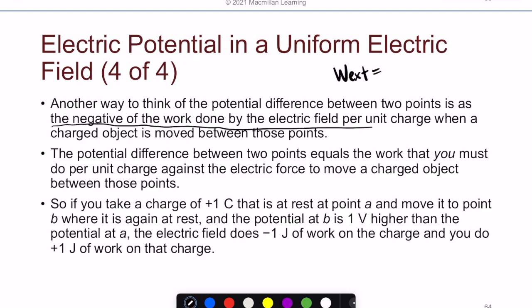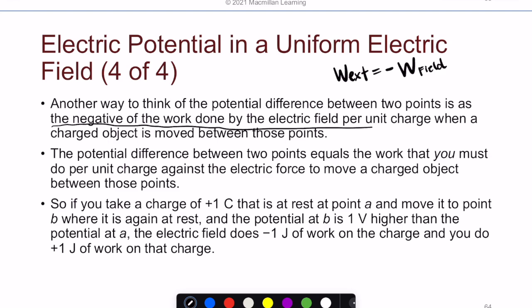And we know that external work is equal to negative of the work done by the electric field. Okay, so this is the same way of thinking about it as we talked about in the first lecture slide where we introduced electric potential energy.